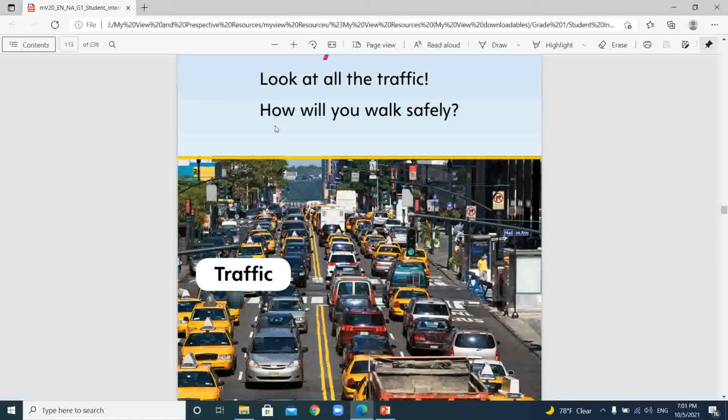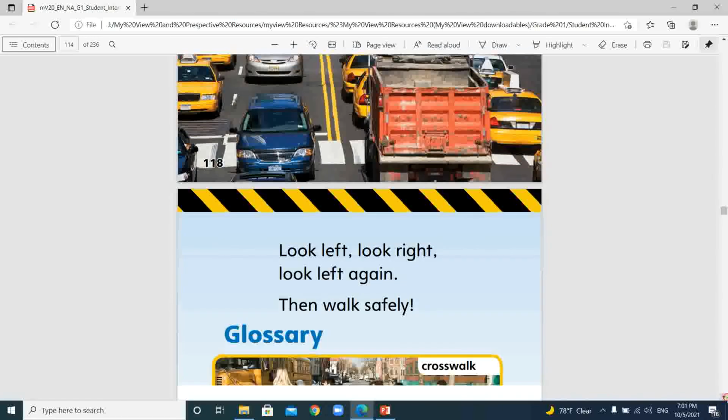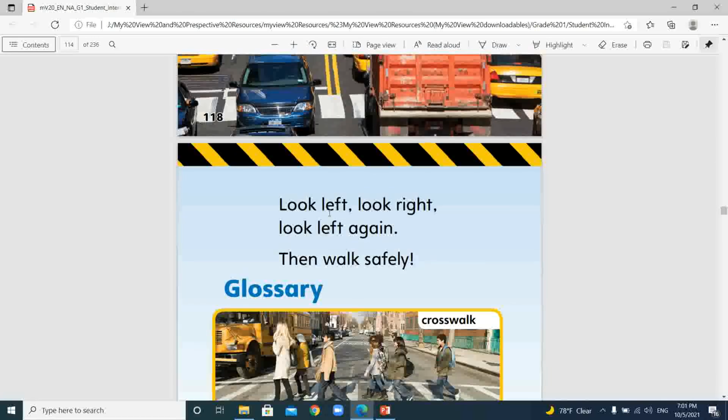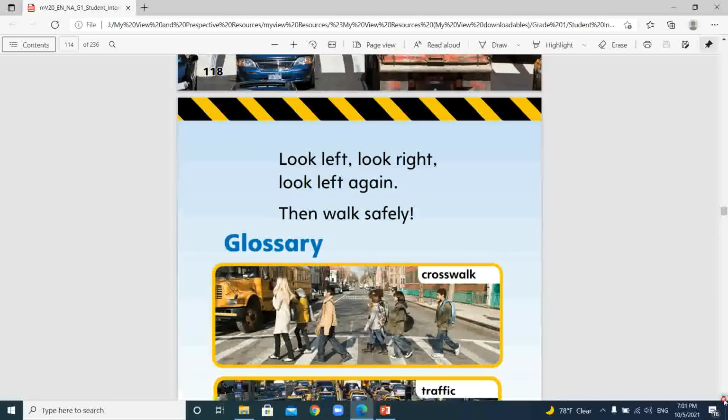The question here says, how will you walk safely? How can you walk when there's so much traffic? What should we do? It says here, look left, look right, look left again, then walk safely. Okay, so before you cross, you must look left and look right, and then look left again.